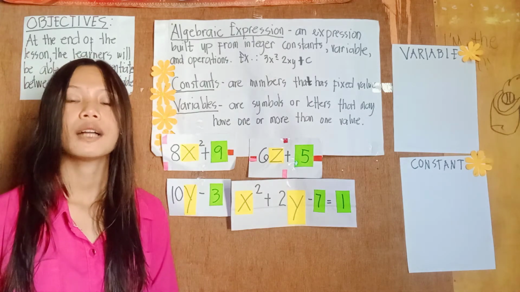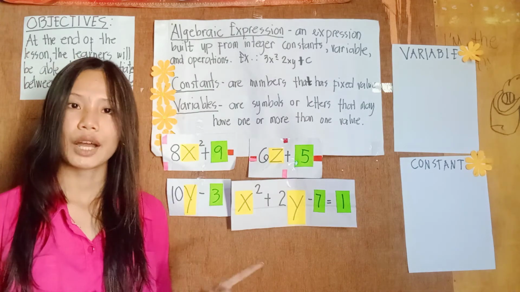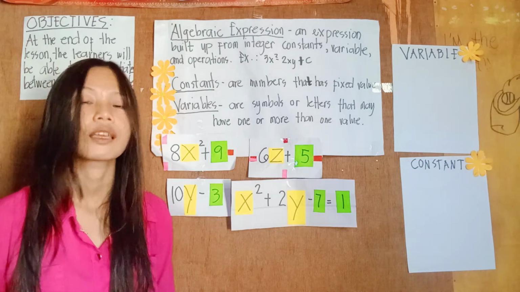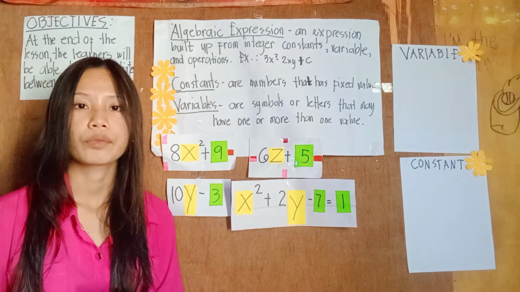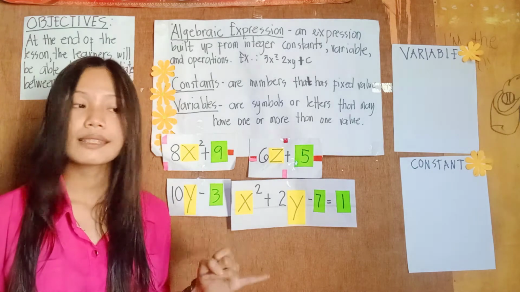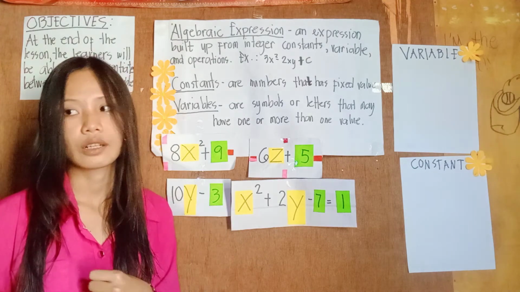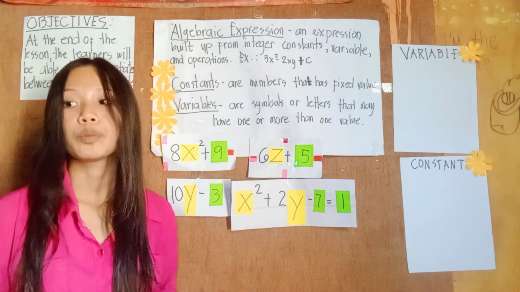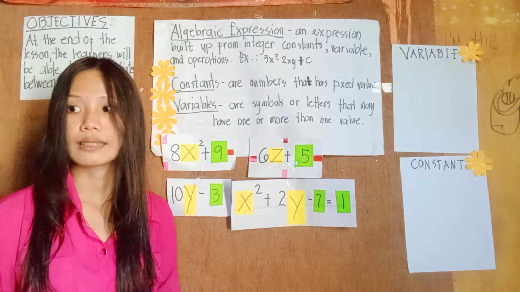Okay, so now I remind you again about our classroom rules. First rule is you have to pick up the pieces of paper around your seats. Okay? And the second rule is you have to participate during group activities.